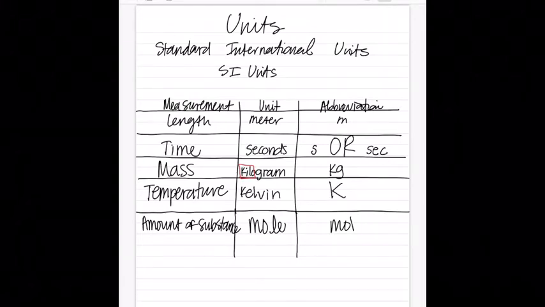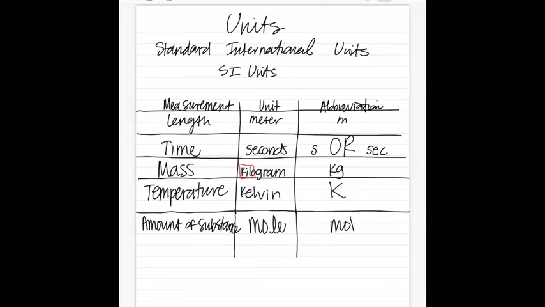But it is basically like how you have 12 eggs or a dozen, or anything that's 12 is called a dozen. A ream of paper is 500 sheets of paper. A baker's dozen is 13. A few is 3, a couple is 2, stuff like that. That's basically what a mole is, but it's 6.022 times 10 to the 23rd particles.